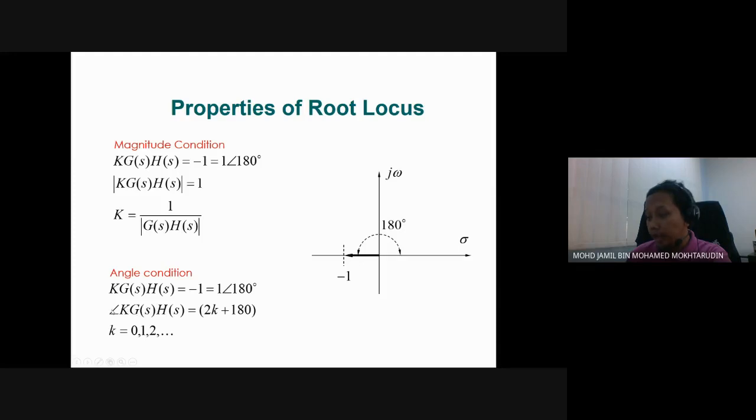You can also find K using the angle, where you can substitute 0, 1, 2, and so on, but for now we assume it equals 0 only. The important thing here is K equals 1 over the magnitude of GH. Okay, we look at an example.